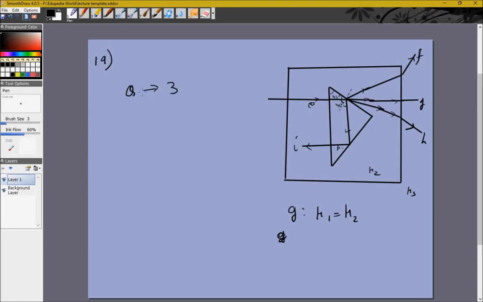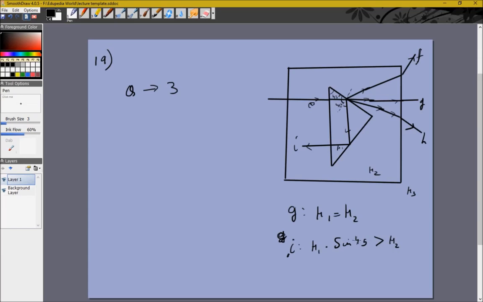Right. After that, let's look at the others. What happens in I? In I you need to have total internal reflection, which means mu1 times sine 45 has to be greater than mu2, right? Because then mu2 sine theta will never be able to achieve this.